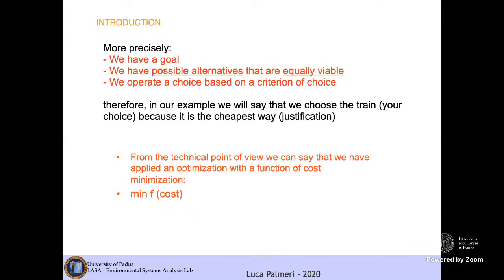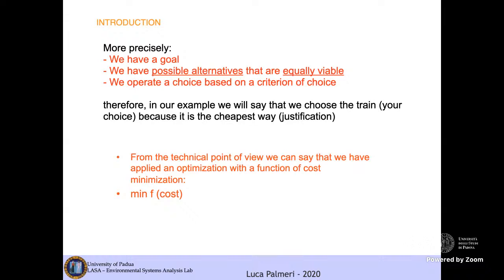Therefore, in our example, we will say that we choose to go by train, that is my choice, because it is the cheapest way, and this is the justification. So I have a choice and I justify my choice. From a technical viewpoint, we can say that we have applied an optimization with a function of cost minimization.